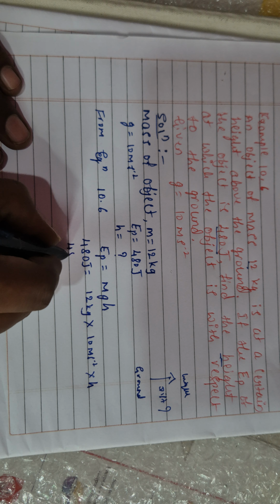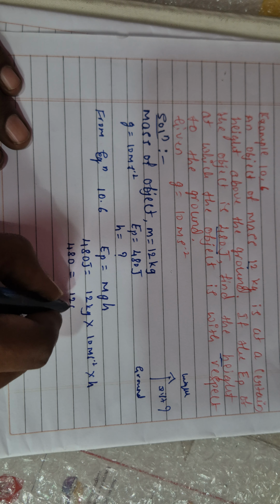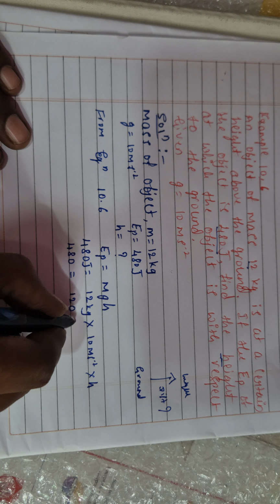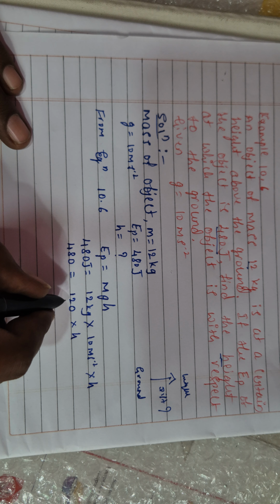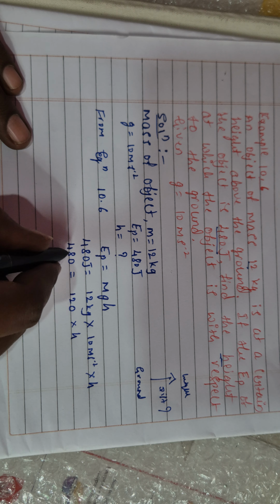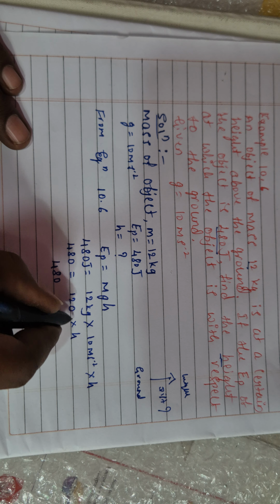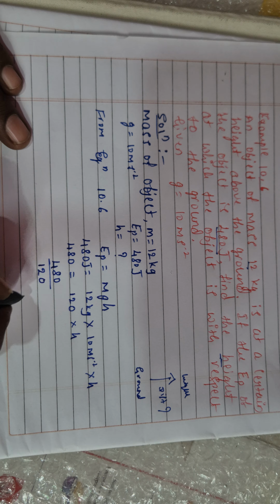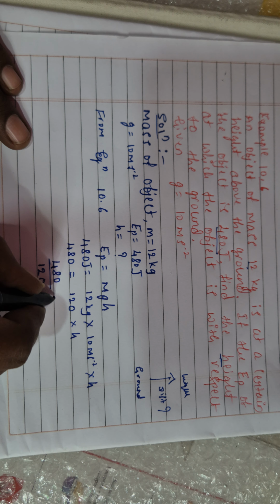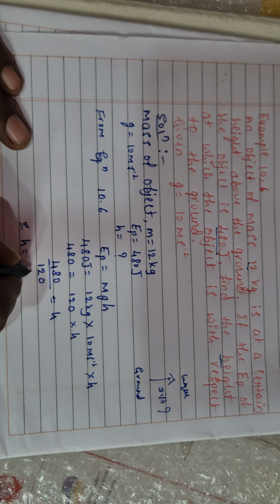Now, 480 joules is equal to 12 tens are 120, into h. So the 120 moves from here to here, and it becomes divide by 120. So h is equal to 480 divided by 120.